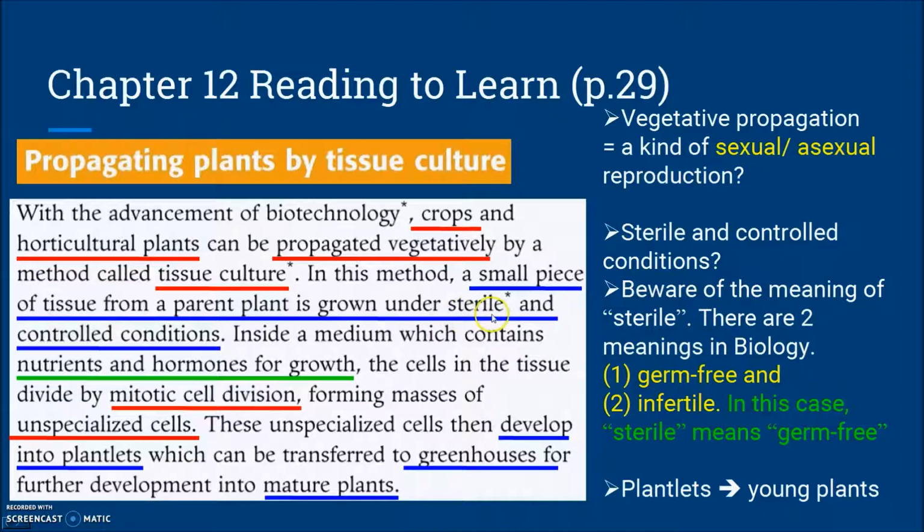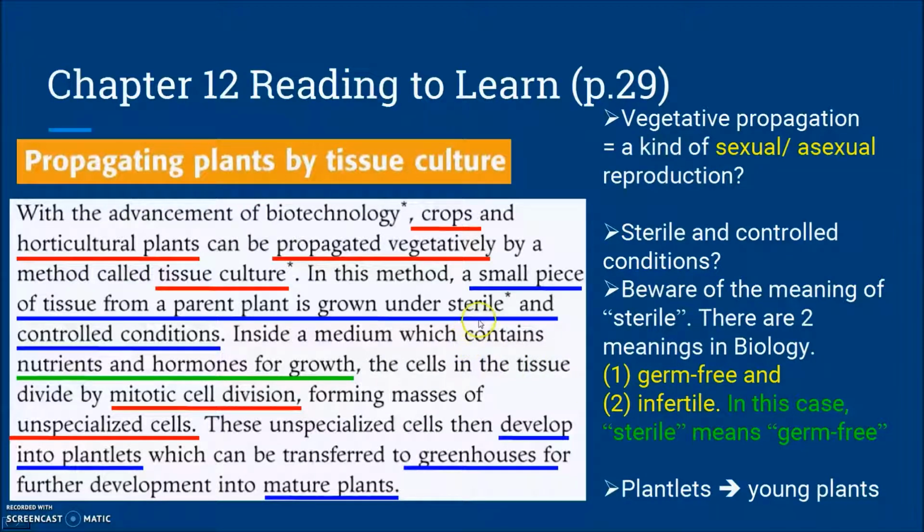And then the tissues are grown under sterile and controlled conditions. Well controlled means the nutrients, hormones, water, temperature, humidity, something like this, are all well controlled. But for sterile, I want to remind you of something first. Beware of the meaning of sterile. It has 2 meanings: one is germ-free and the other is infertile. But remember, be sensible.